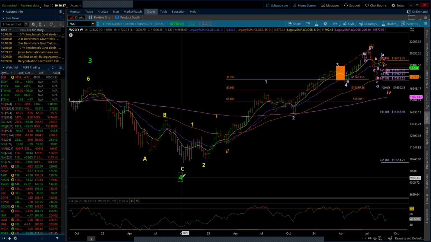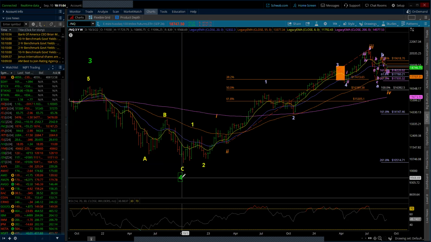In our view, and I believe Sasha and I both share the same view, what sits on top of all that is a cycle degree third wave. So then we have a cycle degree fourth wave. So what we're always constantly doing is that we're rallying, we correct, we rally, we correct. But it depends on what degree as to the size of the rally or the decline.